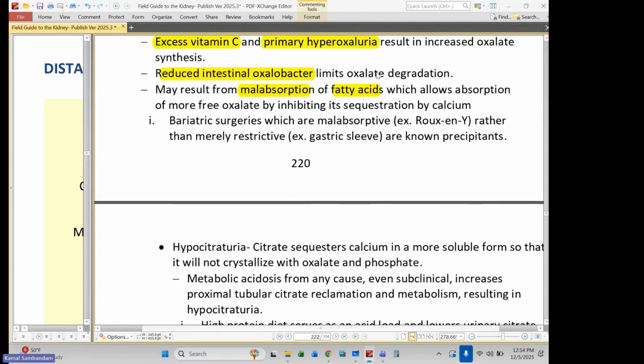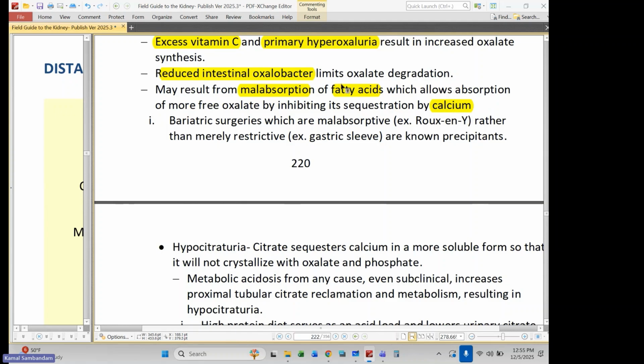Fatty acids are negatively charged, right? They're cleaved from that glycerol backbone. They're now negatively charged in the gut, after you have lipase acting on it, lipase coming from your pancreas. It's squirting lipase into the lumen. It starts cleaving the triglycerides into fatty acids. Fatty acids are negatively charged, right? Calcium is positively charged, right? So calcium starts to bind fatty acids. It's no longer able to bind the oxalate and reduce its absorption.